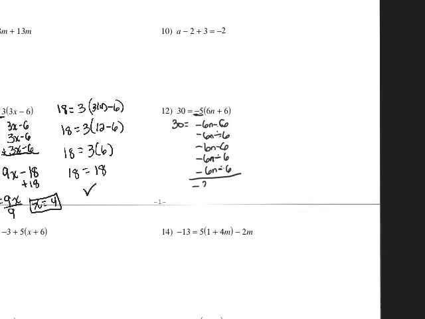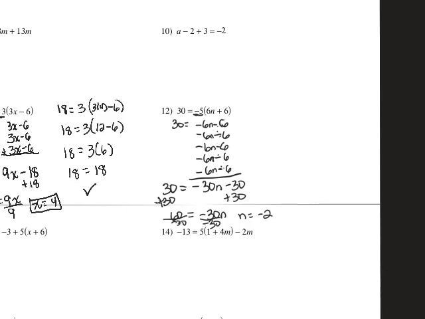Well, I have negative 30n, and negative 30 is equal to 30. Then I solve it like a two-step problem. Plus 30, plus 30, negative 30n is equal to 60.